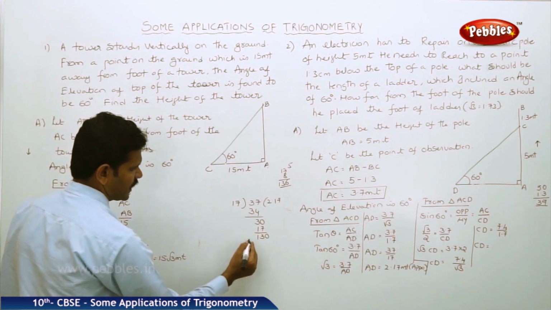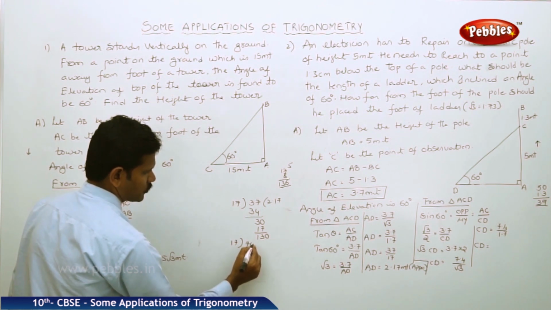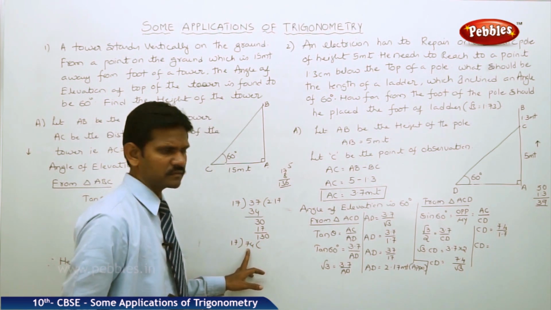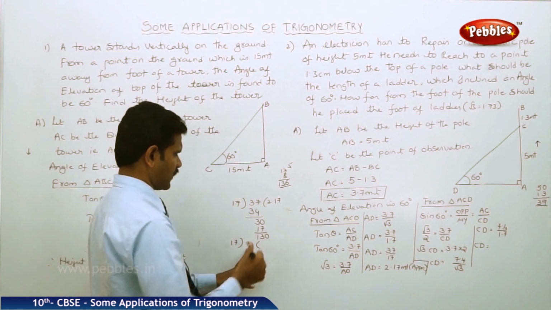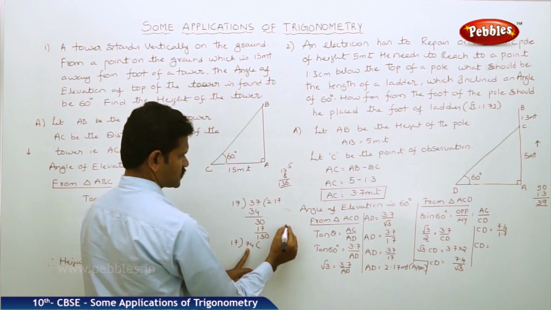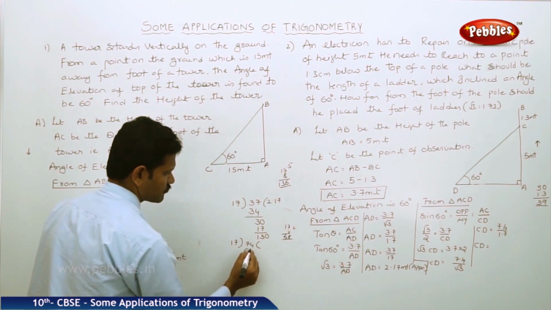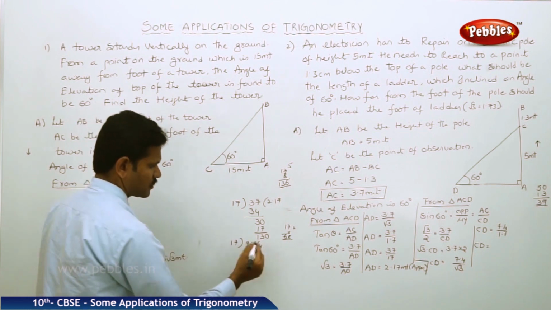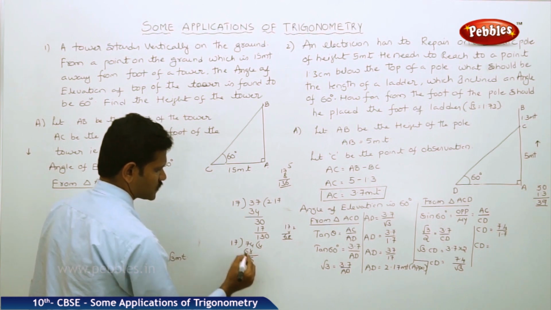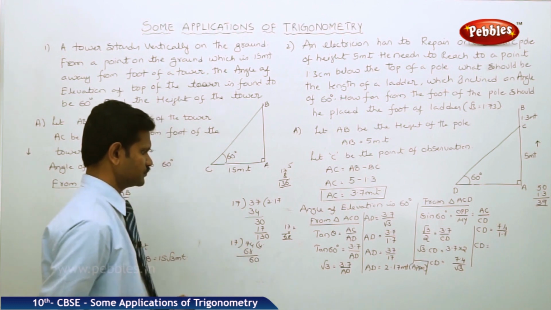Now let us see the next calculation. 17 table: 74. 17 fives are 85. Okay, next, 17 fours are 68, that is 4 times. Now the remainder is 6.0.